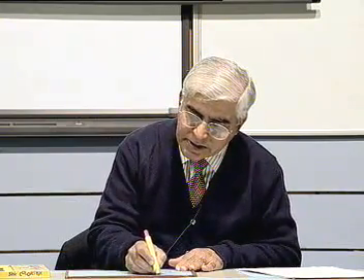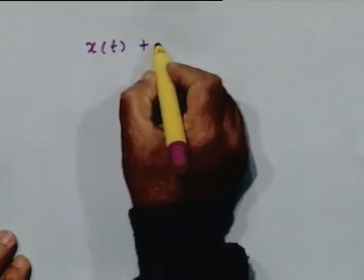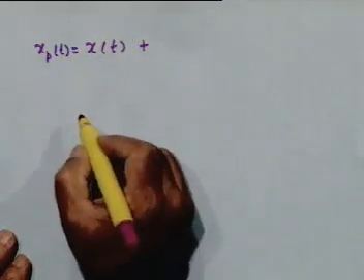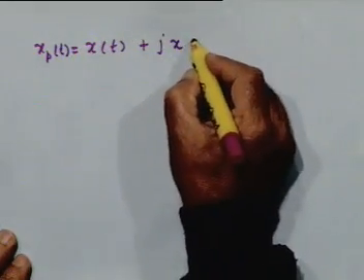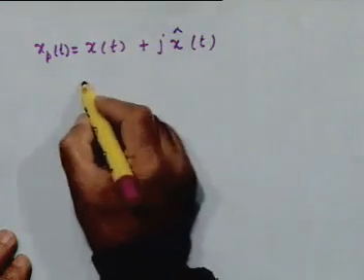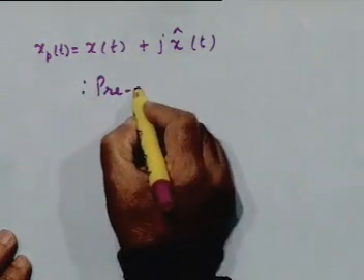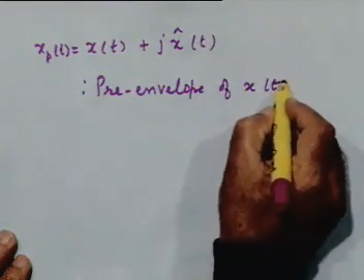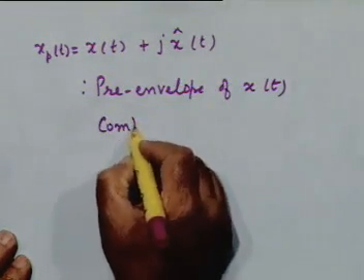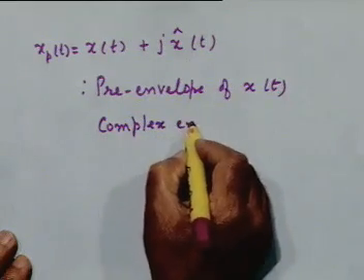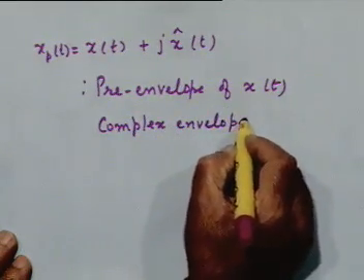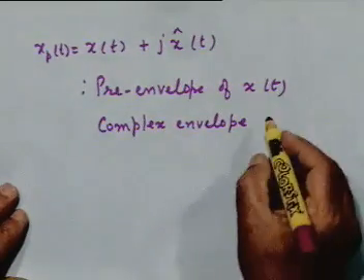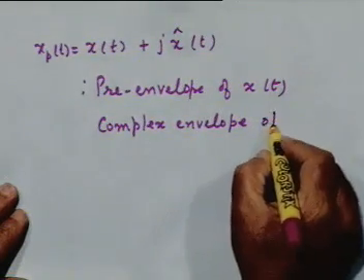And the next concept that I will take up in the next class is the concept that x_p(t) is sometimes also called the pre-envelope of x(t), or simply the complex envelope. But before introducing this concept, I wanted you to understand what envelope means, and that's why I digressed a little bit, right? So, complex envelope of x(t).